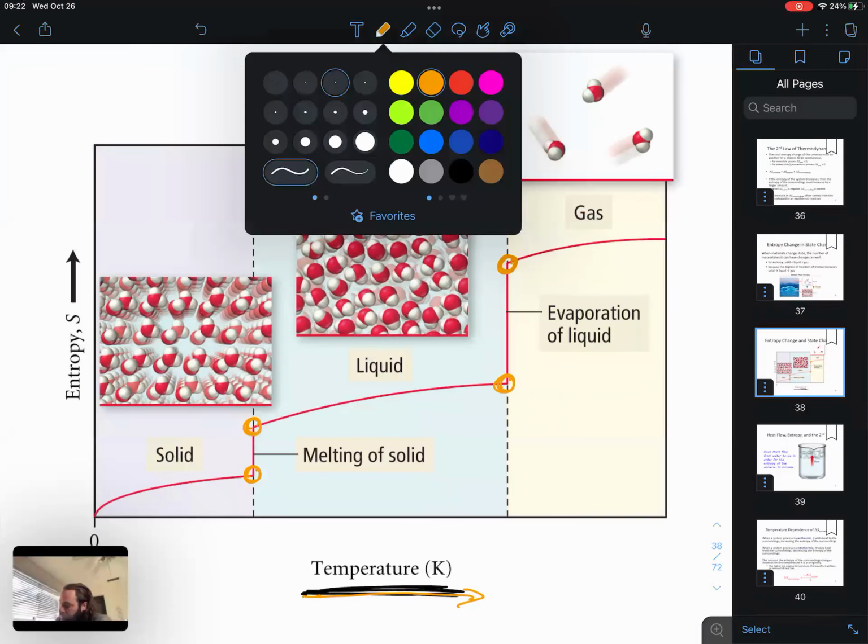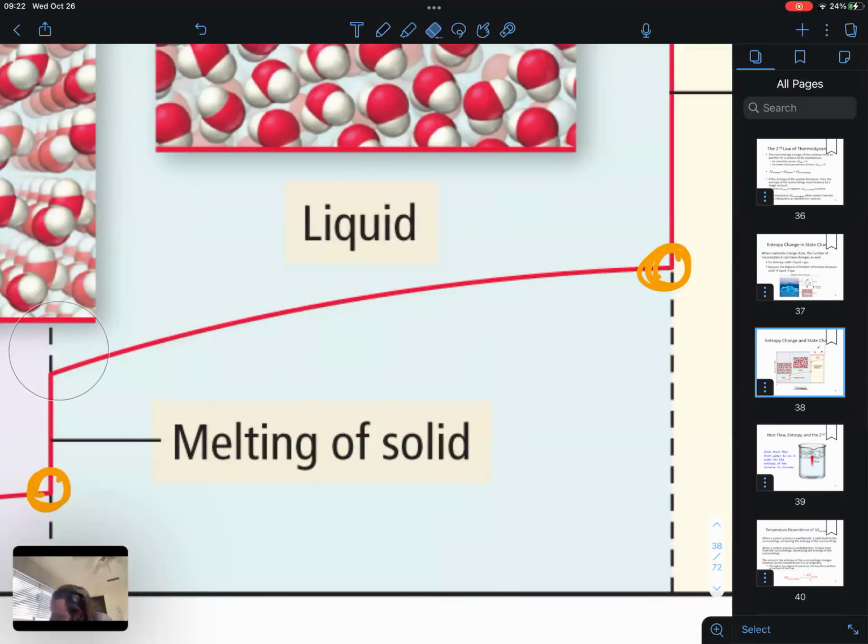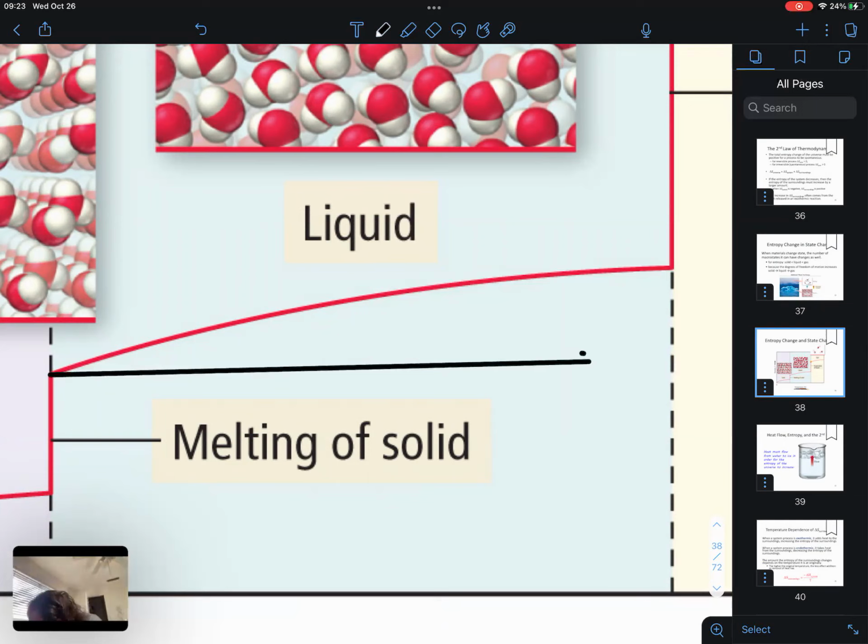So now let's zoom into one region here, right? So not talking about a phase change, but let's say that our phase is constant. And I'm going to look at what happens to the entropy as my temperature increases. We can see that as the temperature increases, there's an increase in the entropy as well.